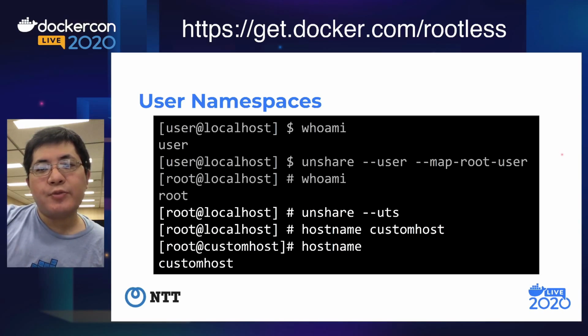So for example, we can create a UTS namespace along with the user namespace by running unshare --uts. And now we can execute hostname command to change the hostname. This hostname is visible only inside this namespace and does not affect the host system.